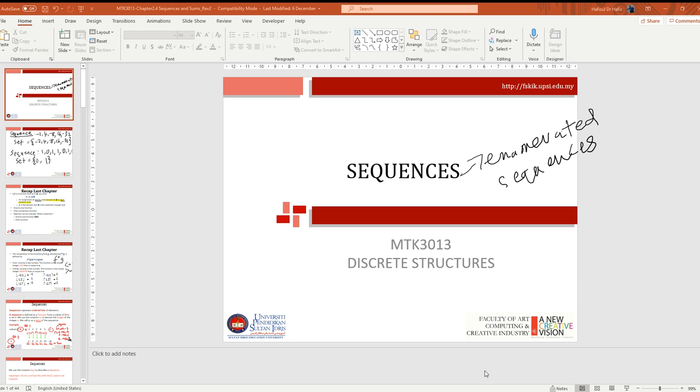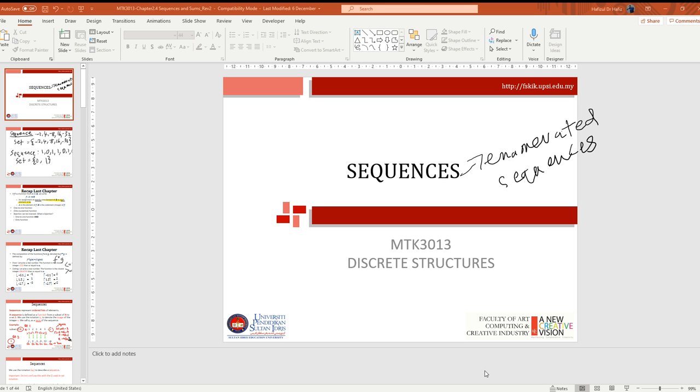Basically, a sequence in mathematics is also called an enumerated sequence. That means you have a sequence from 1 until 10. And a sequence is an enumerated collection of objects in which repetition is allowed and order matters.